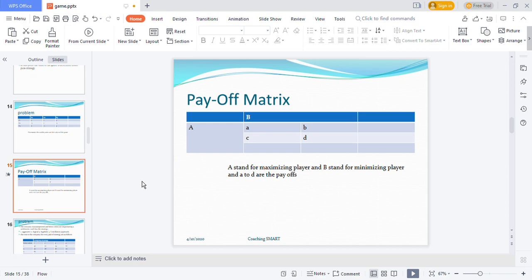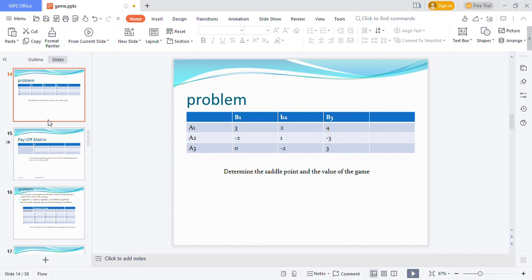Now, to determine the value of the game, I want us to go directly to the problem. We are given a problem whereby at the top we have player B, the minimizing player, and we have player A, the maximizing player.